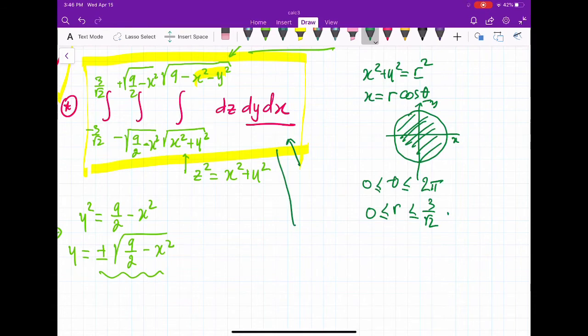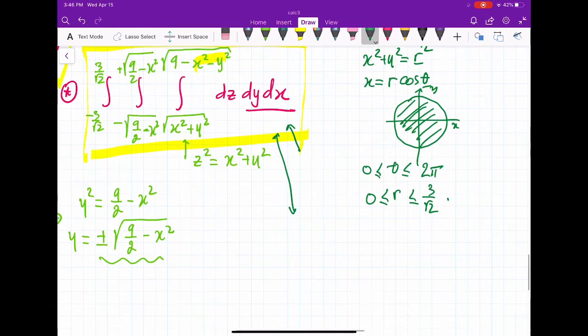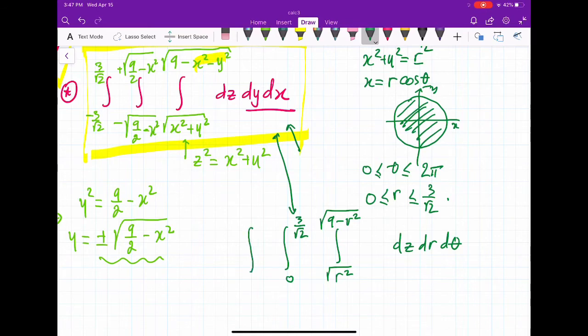Then the integral becomes, if you write it in dz, dr, d theta, right? For the z, you have from square root of r squared to square root of 9 minus r squared. For the r, you get 0 to 3 over square root of 2. For the last one, you get 0 to 2 pi.